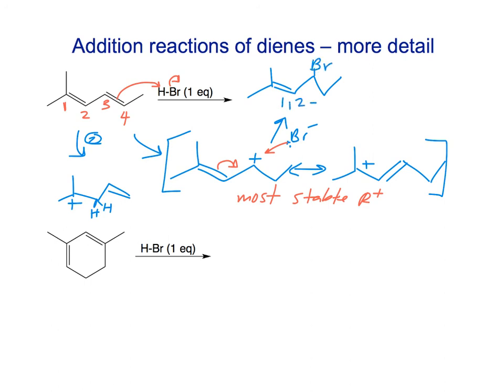This is the 1,2 product. Okay, and the bromide could also react with this end, like that. And this would give us the 1,4 product. Okay?